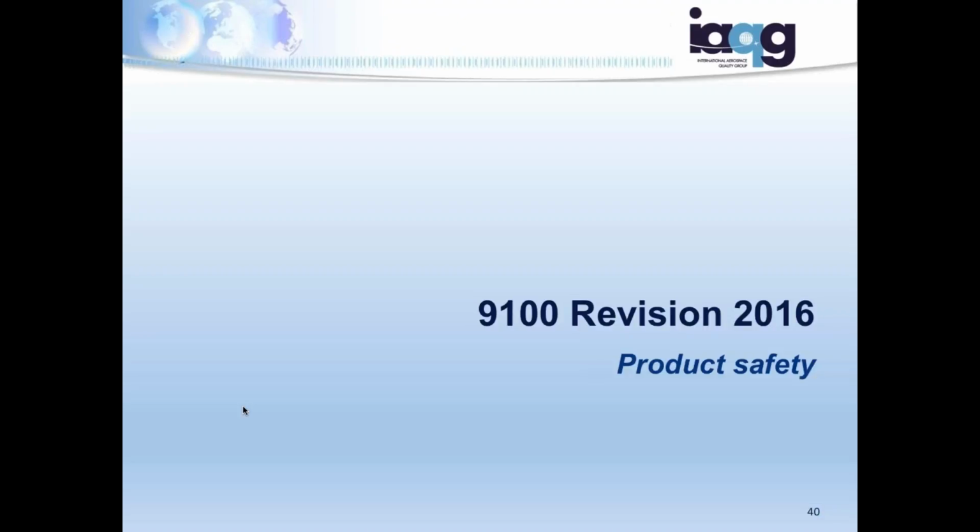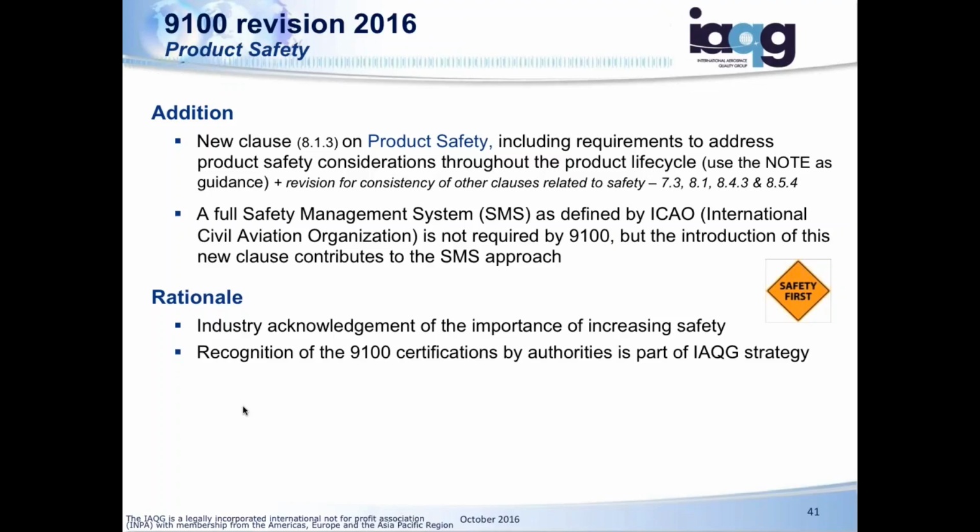Okay, let's talk product safety. Product safety, obviously critical for our industry, that we have safe products throughout the whole product life cycle. One of the confusions in the past is that we talked many times about just safety, and some people would think we were talking personnel safety instead of product safety.